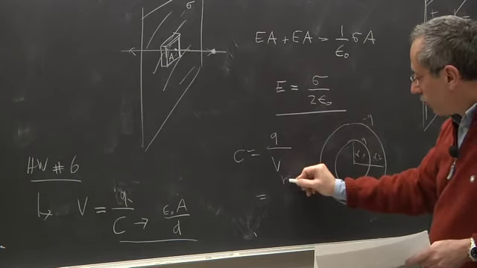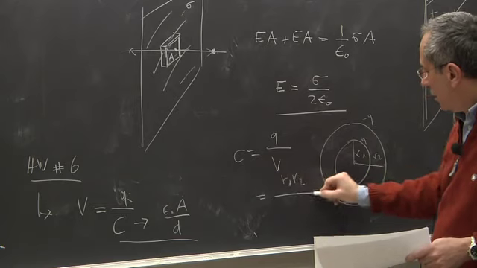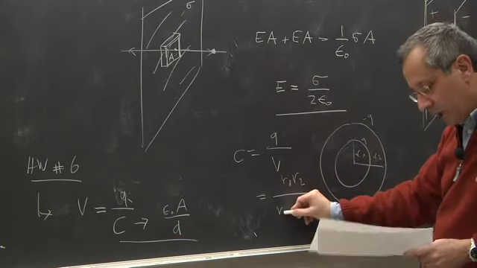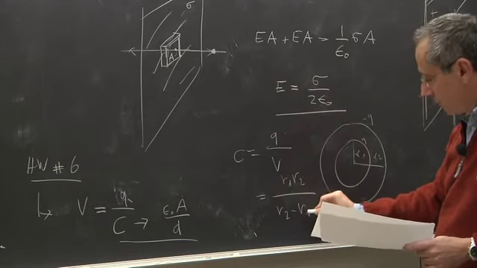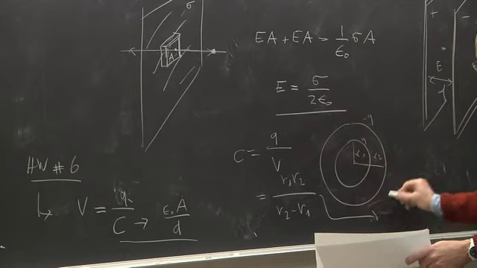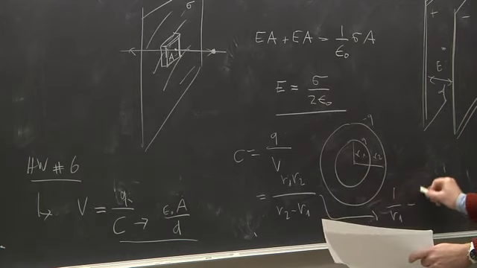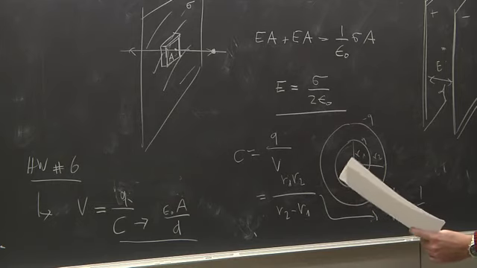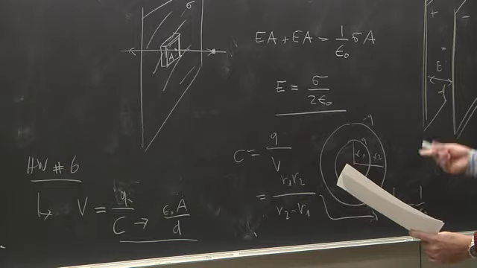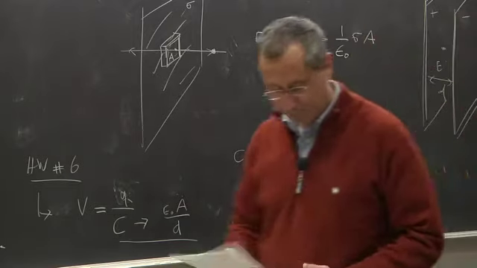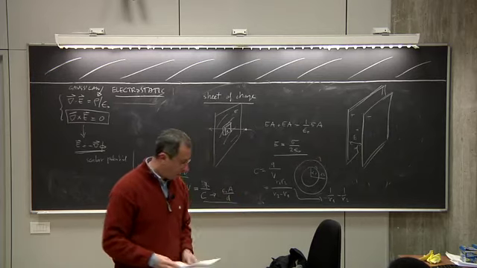In fact, it's the product of R1 times R2 divided by the difference. I mean, this is also known as 1 over R1 minus 1 over R2, obviously. I mean, 1 over this. Okay.